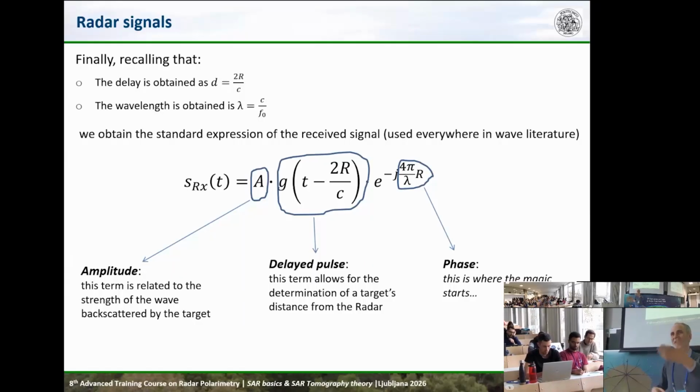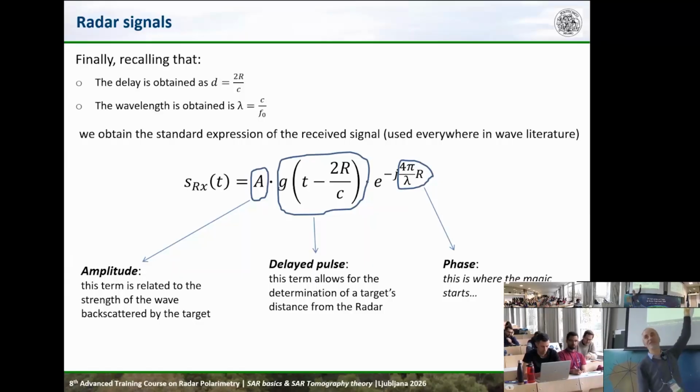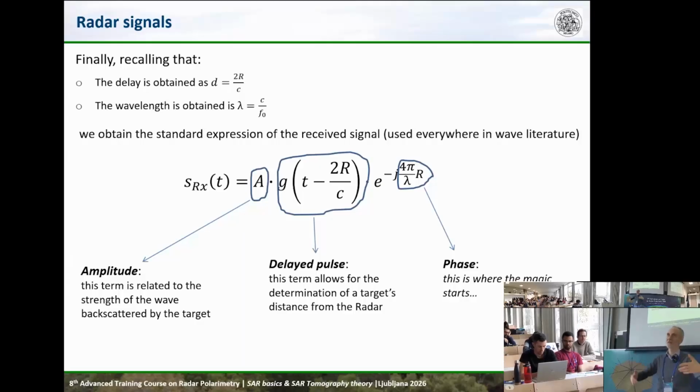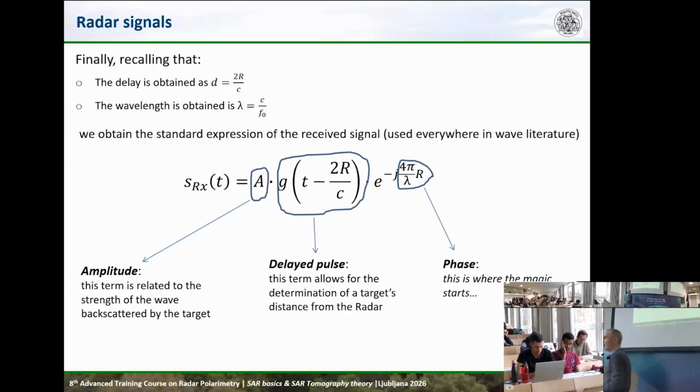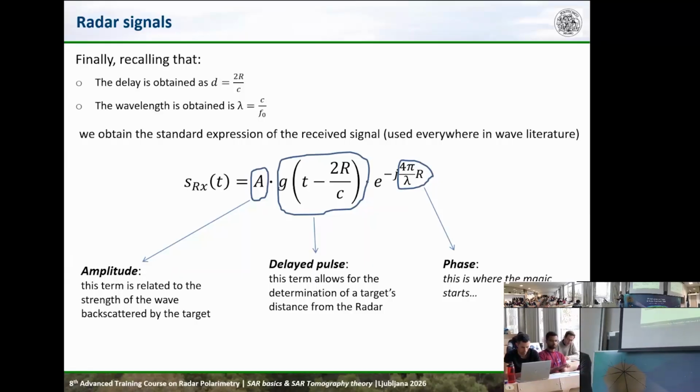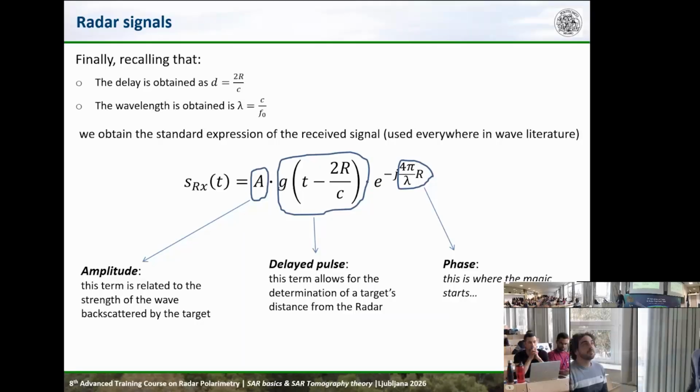Of course, the metallic cat will be more reflective than the real cat, or the building will quite likely be more reflective than the cat. Then we have the delayed pulse. So we have the same pulse that we transmitted. It's just delayed by the time it takes to the wave to go from the radar to the target and then to go back. So, sorry, I got lost.